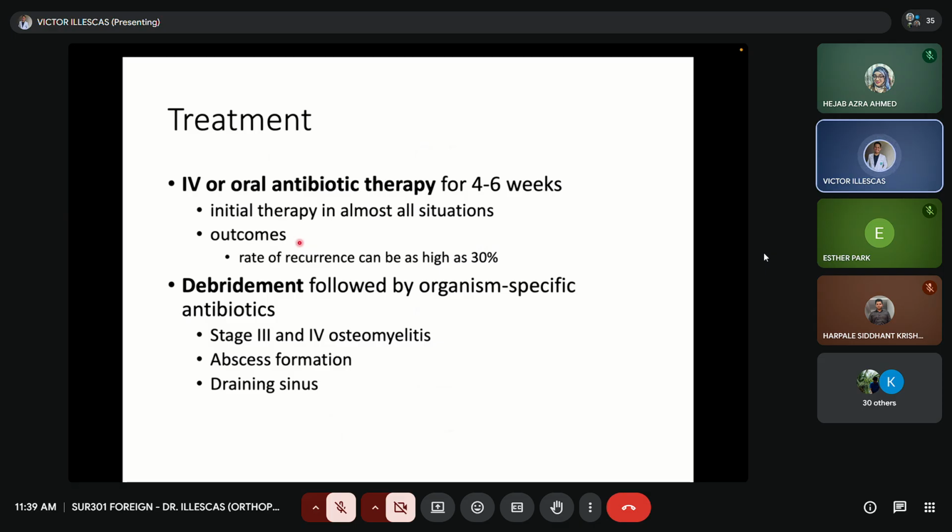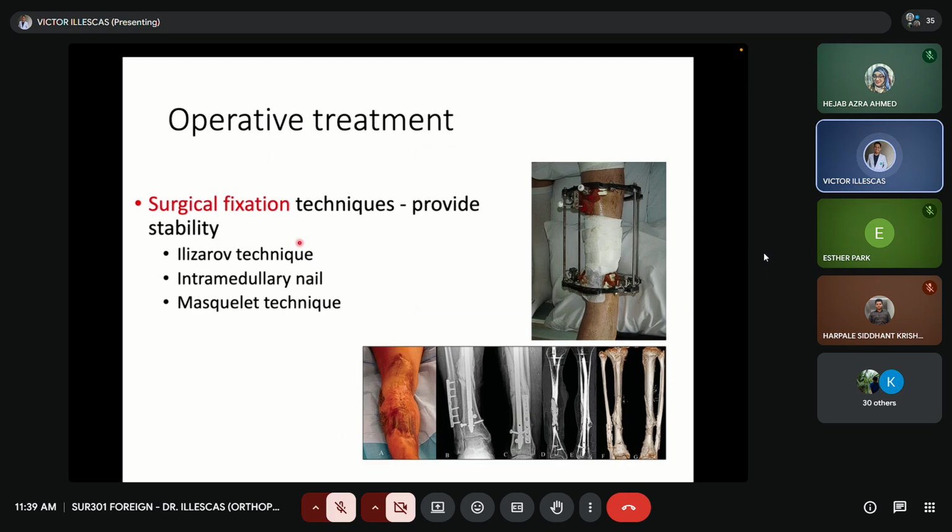The IV and oral antibiotics should have a duration of 4 to 6 weeks. Other than that, you need to provide stabilization because once you remove dead bone, it may lead to instability already. So you can provide stabilization by applying external fixation.